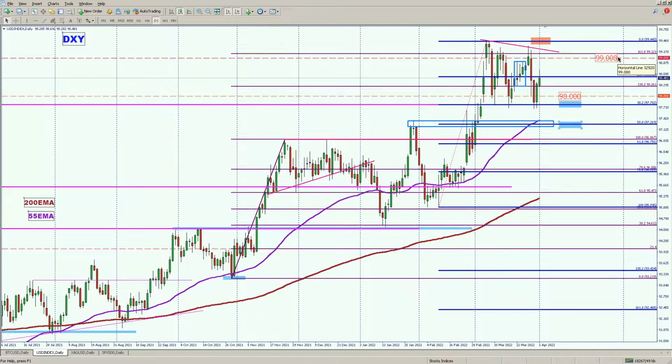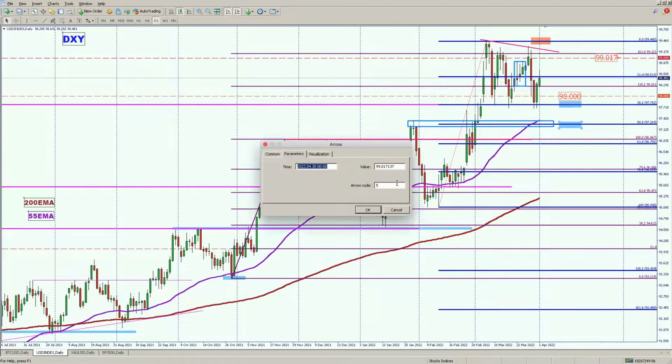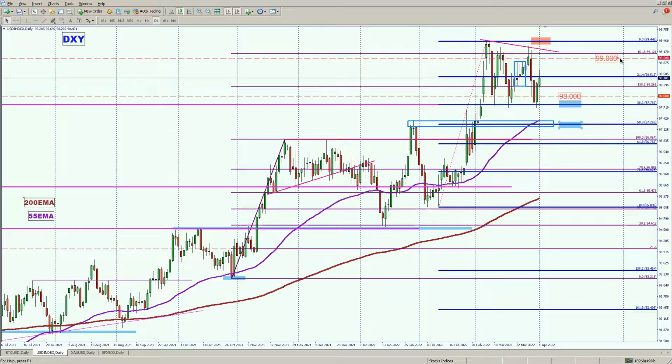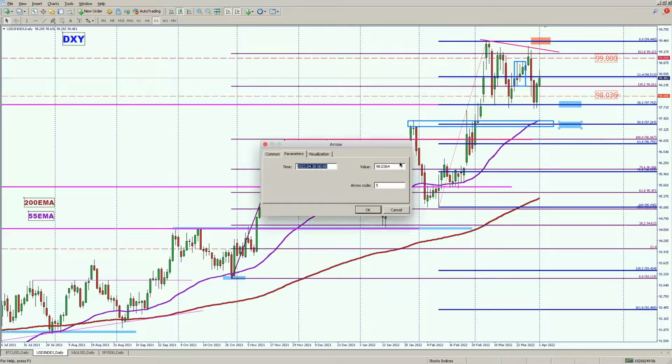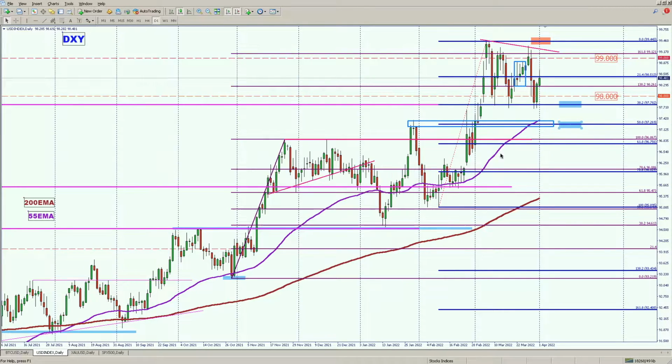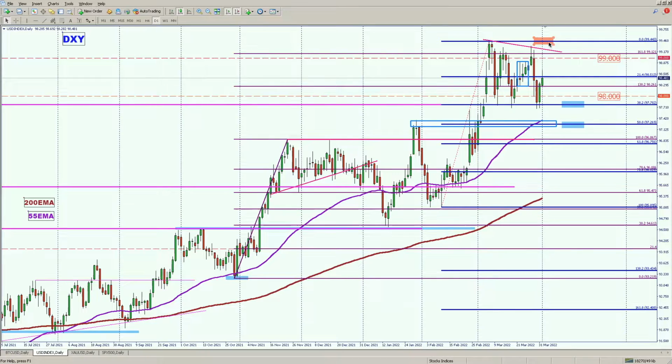It's the 99. Similar to this at the 98. This is definitely a key resistance up here.